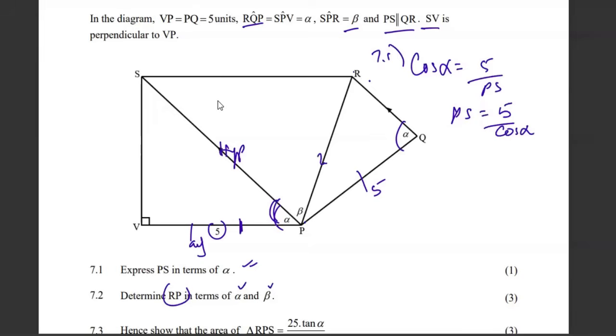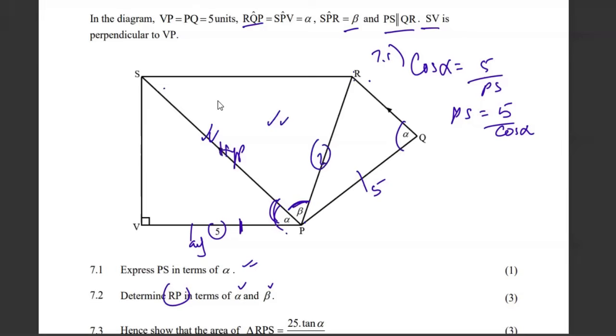So if we have this value known, we have this angle as a beta, because this is the only beta we find, meaning that we need to use this triangle PSR. We're looking for this. Do we know SR? No, we don't.